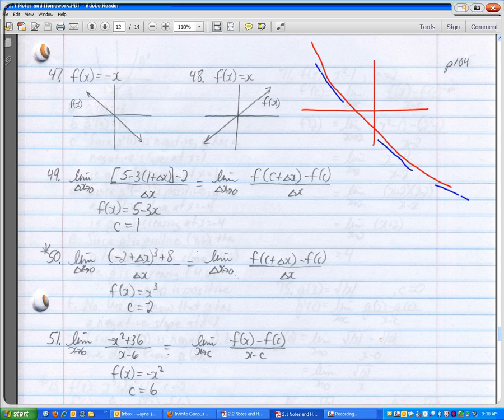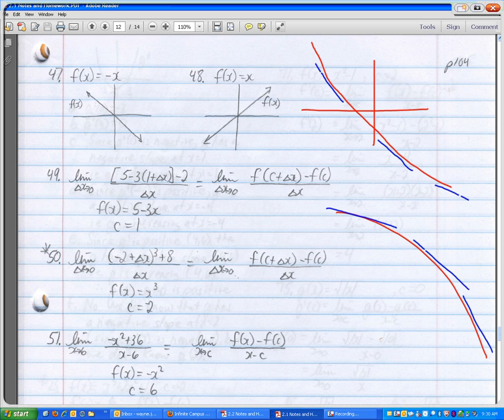Or what if I drew a graph like this that's always decreasing? Slope of that tangent line is negative. As long as the graph is always decreasing, its derivative will always be negative. Make sense?